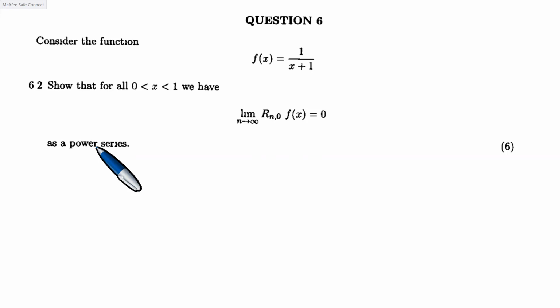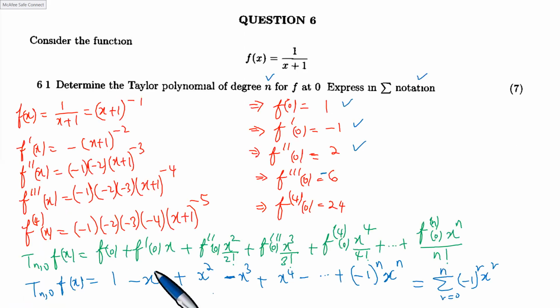Okay, continue. Solve this one. You need to just show that that is 0. Right, to show that it is 0, first and foremost, you need to look at the nth derivative. So what is this?